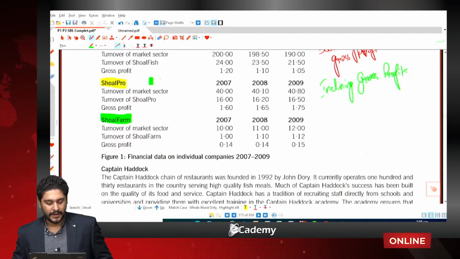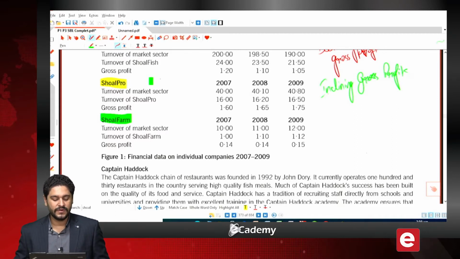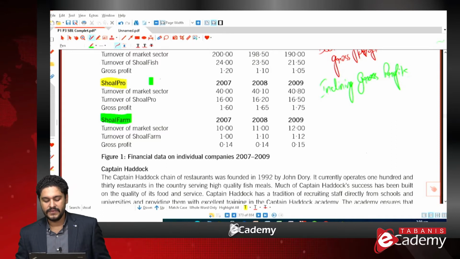Then we have the Shoal Farm, and for Shoal Farm the turnover of the market sector is 10, 11 and 12.